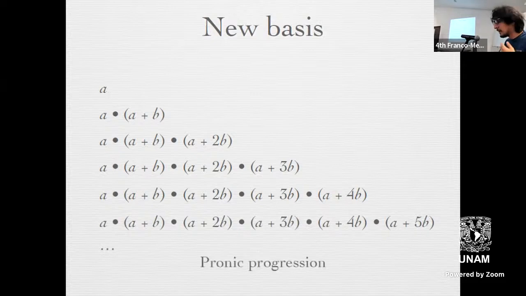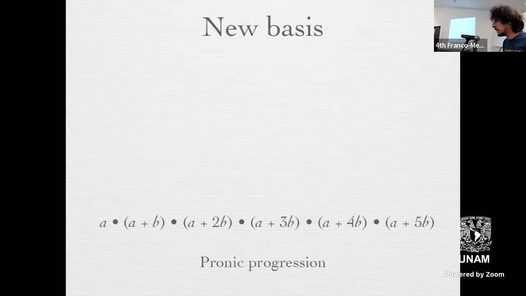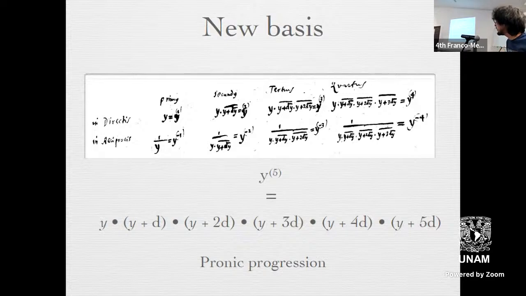In the draft where Leibniz introduced this pronic progression, he used a new notation, an exponent in parentheses. He wrote that the third power, the fifth power of y here, for example, is the first term of the pronic progression.